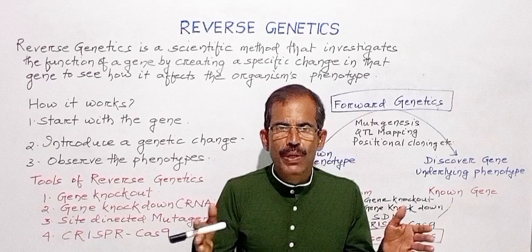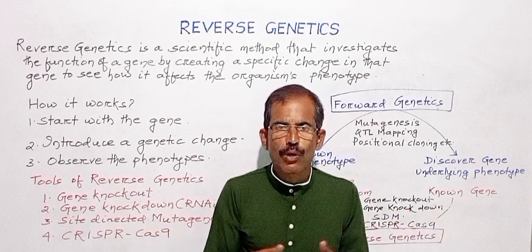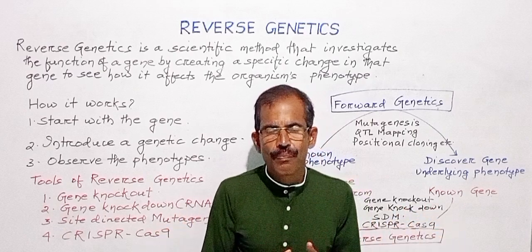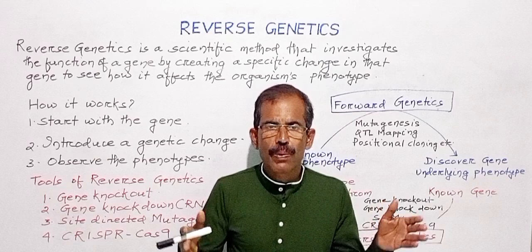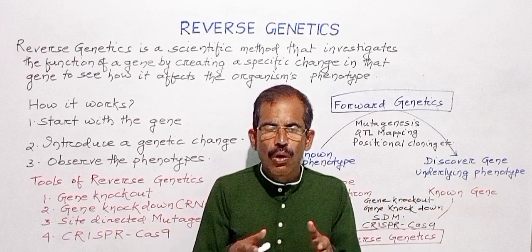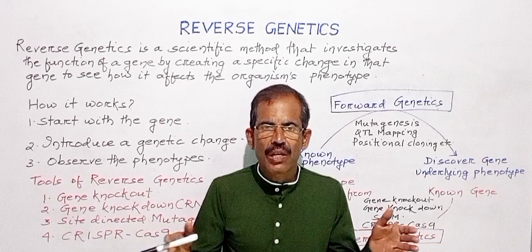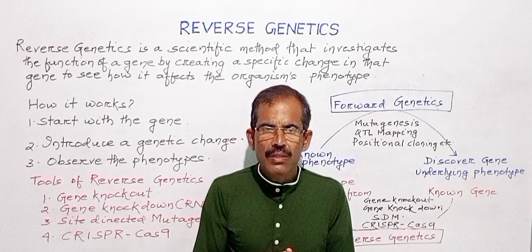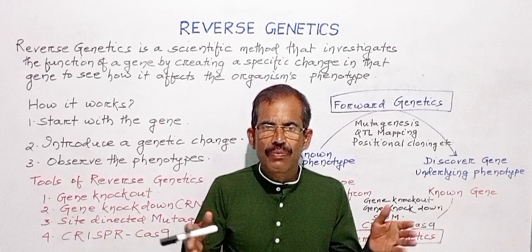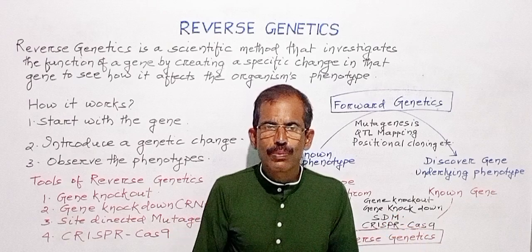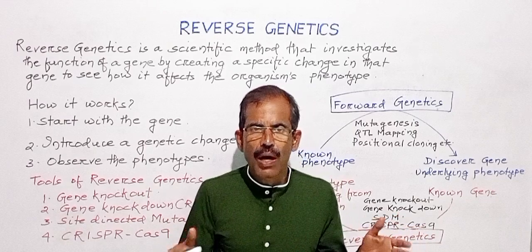Genes control specific phenotype through the process of gene expression. So when the function of a gene is altered or the gene is silenced, the phenotype is also changed. By analyzing the resulting change in the phenotype, the function of the gene can be determined.